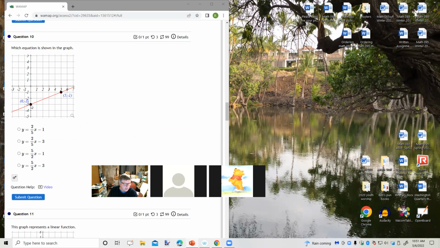The slope is going to be what? Up 2 and over 5. So the slope would be positive 2/5. Okay. And the y-intercept is at negative 3. So y equals 2/5 x minus 3. Okay, you see how I did that?